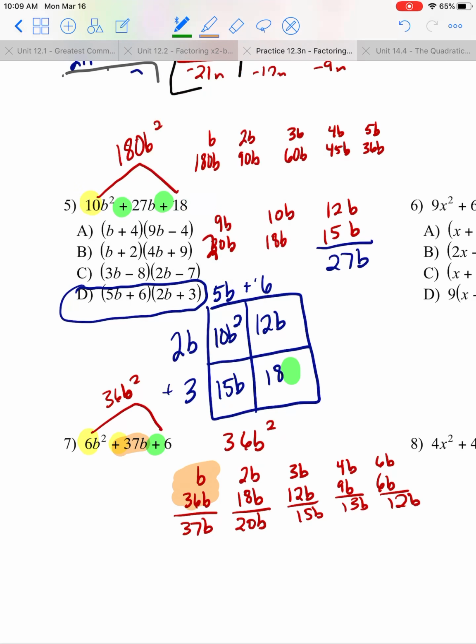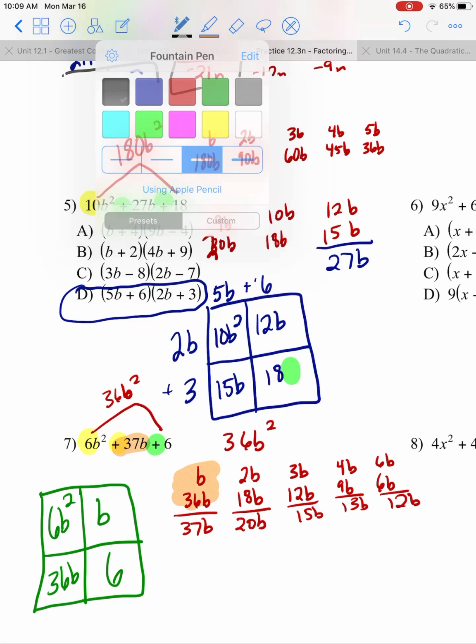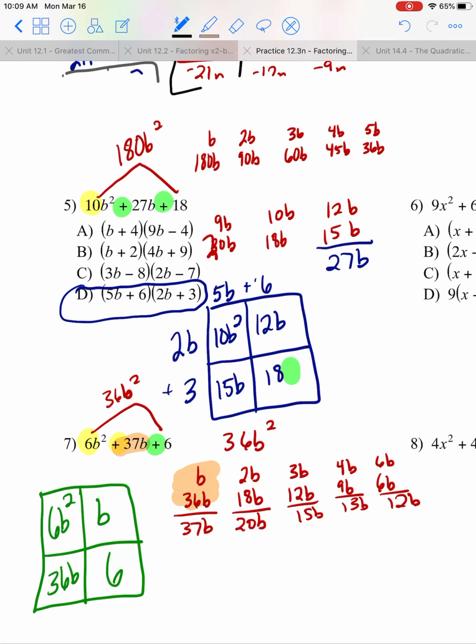So I draw my box. First term here. Last term here. I'll have b and 36b. Find my greatest common factor. We're going to go up and down here. So 6b squared and 36b. Greatest common factor of 6 and 36 is 6.